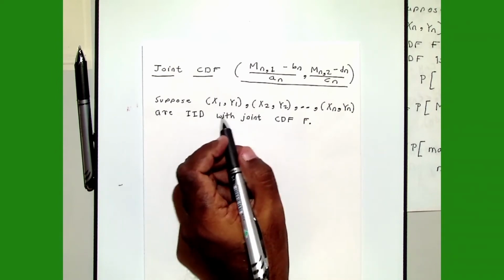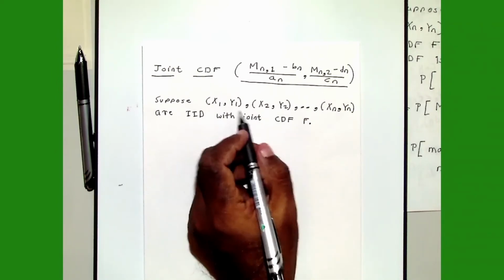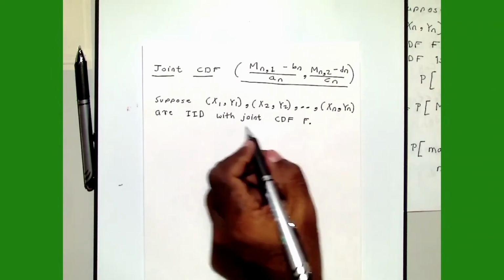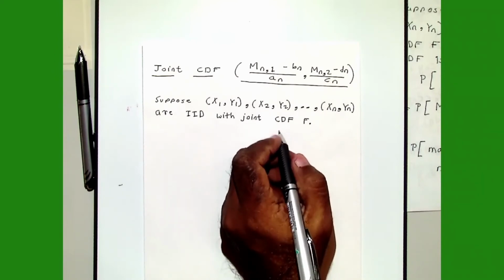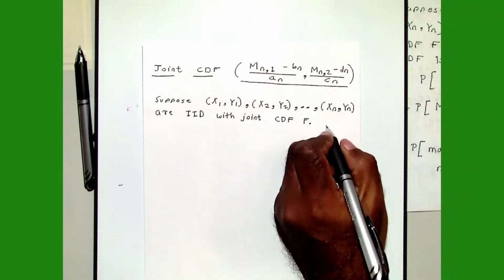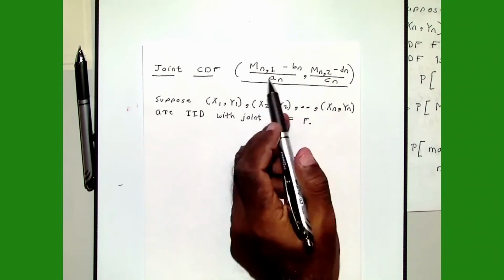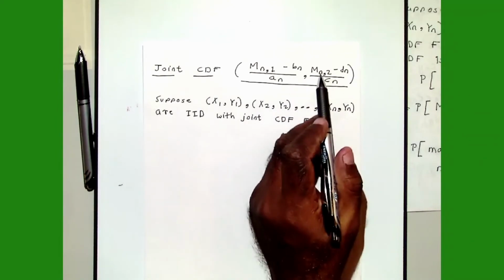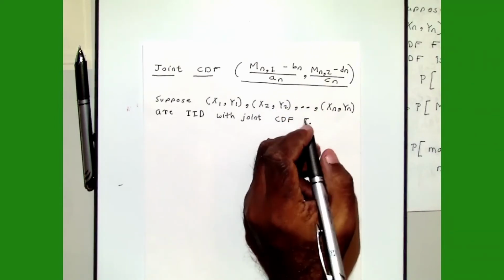Suppose you have a random sample, x1, y1 up to xn, yn with joint CDF F. We want to find the joint distribution of the scaled version of this and the scaled version of this.